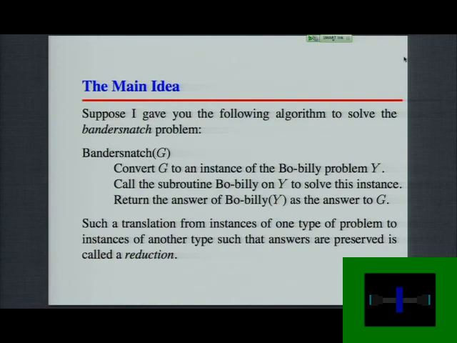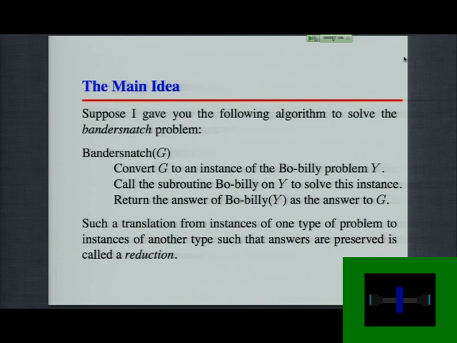Because if there was a fast way for solving mobility, this would be a fast algorithm for Bandersnatch. And there is no fast algorithm for Bandersnatch. Therefore, as a consequence, there also can't be any fast algorithm for mobility. That is the reasoning that we're doing here.